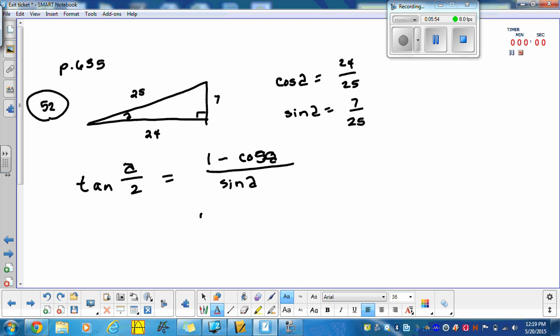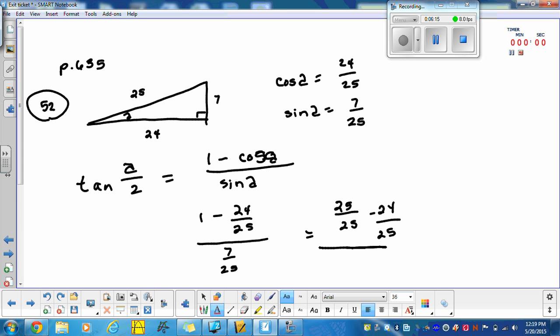So it's 1 minus 24/25 over 7/25. In the numerator, we're going to have to find a common denominator. So it's 25/25 minus 24/25, all over 7/25.